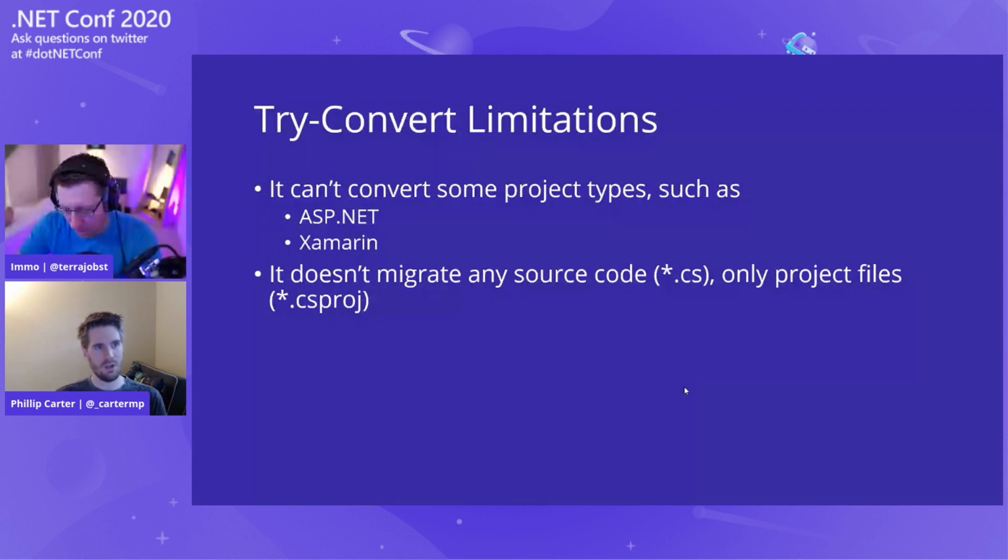With ASP.NET, we're looking at doing things like running some analyzers after it's converted and seeing what we could potentially change. But by and large, the goal is that it does not migrate your source code. It just migrates your project files and automates that kind of tedious process that you would otherwise have to do manually, so that you can focus on your source code and on fixing problems from there.